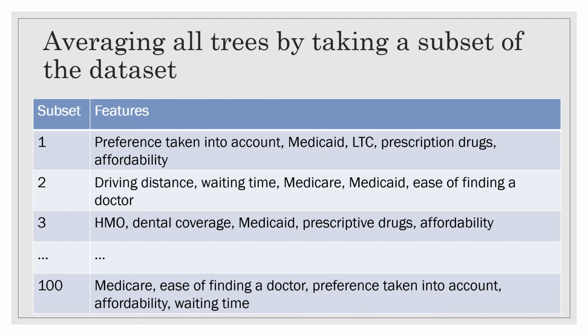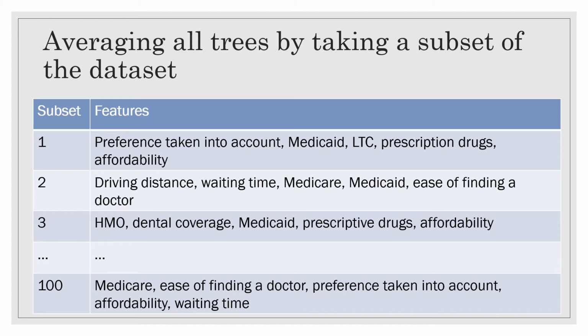We can also think about the concept of the random forest in a slightly different way. Let's say we have a big pool of potential respondents and we divide our respondents into different subsets.